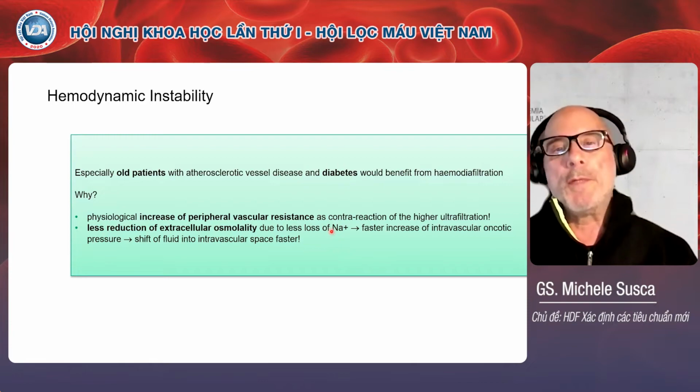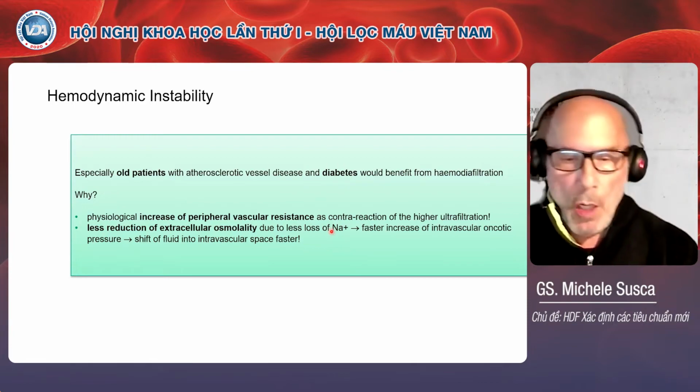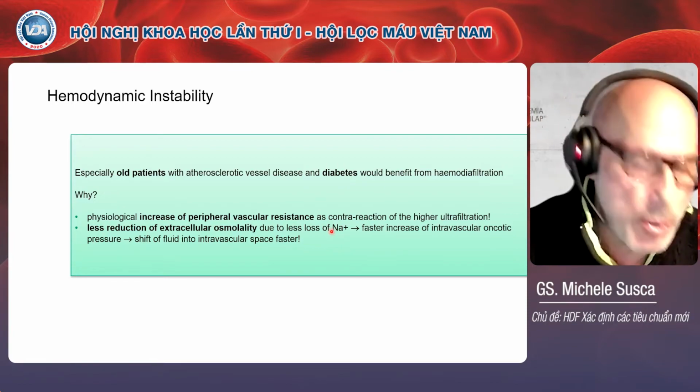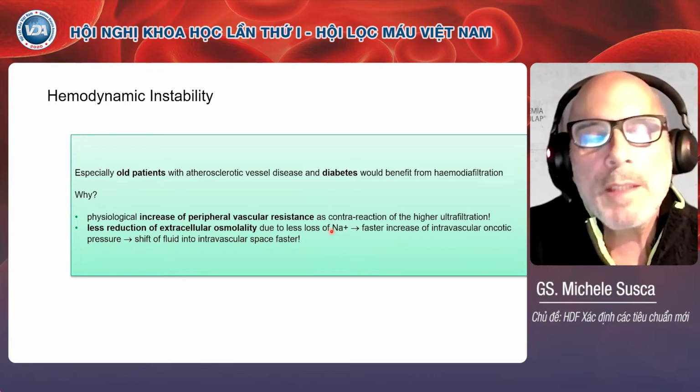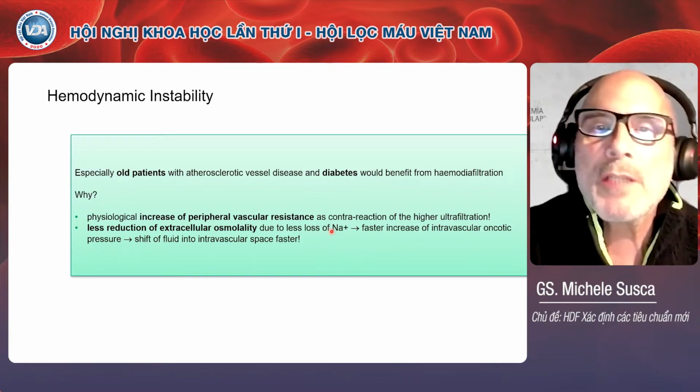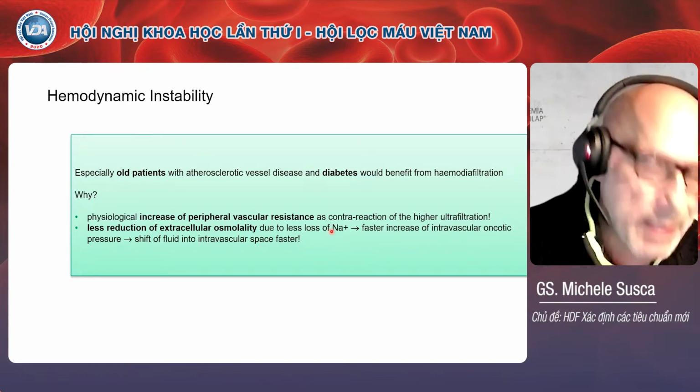You know that the substitution solution also has a good concentration of sodium. So these are maybe the reasons why the patients seem to be more stable in such a treatment.